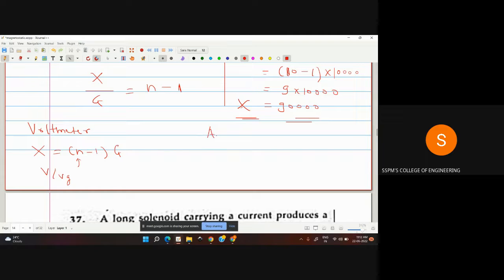And for the ammeter, S is equal to G upon N minus 1, where N is equal to I upon Ig. If it is an ammeter, use this equation to find the shunt resistance, and for the voltmeter you can use the other equation to find the series resistance. X is the series resistance and S is the shunt resistance of the ammeter. If you know these two equations, you can solve any example of voltmeter and ammeter.